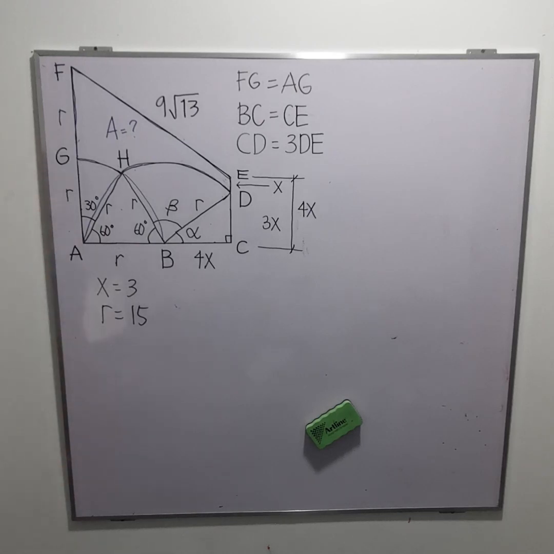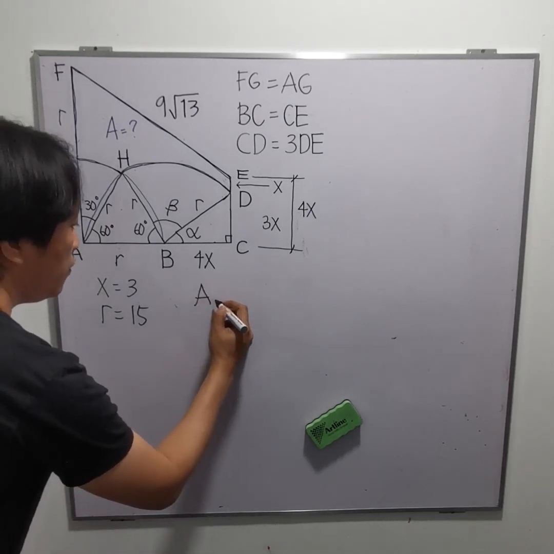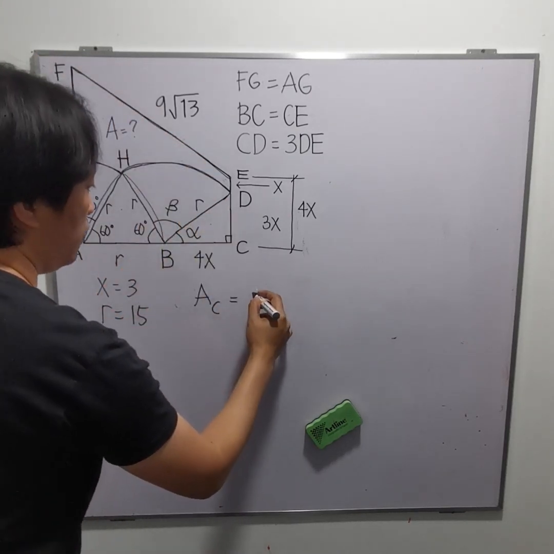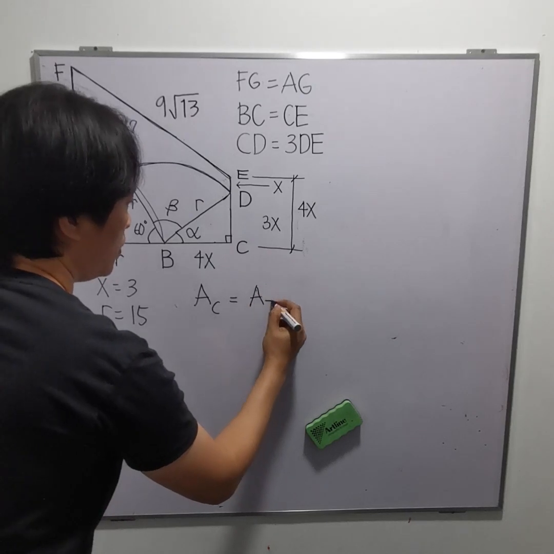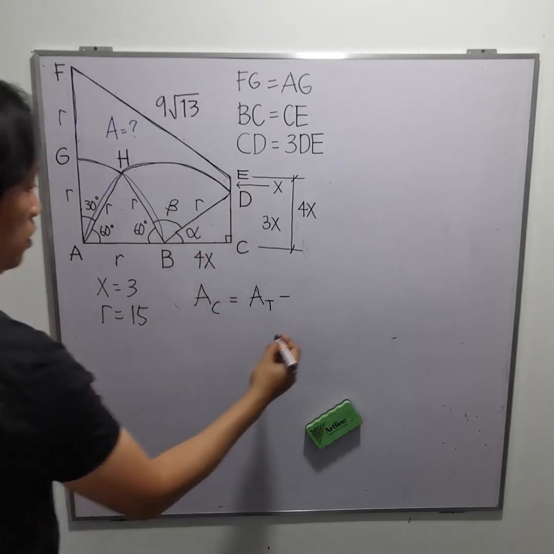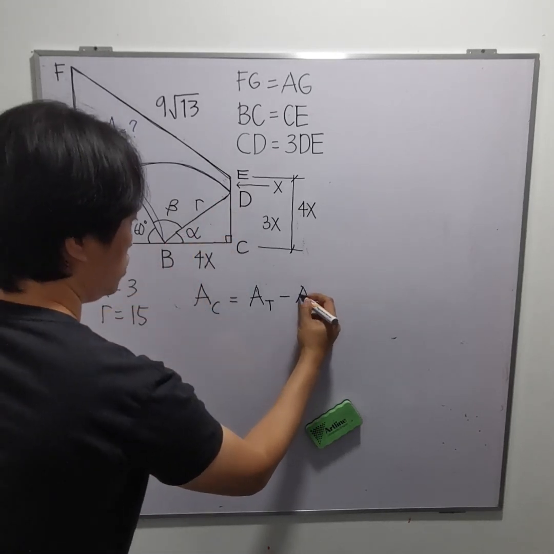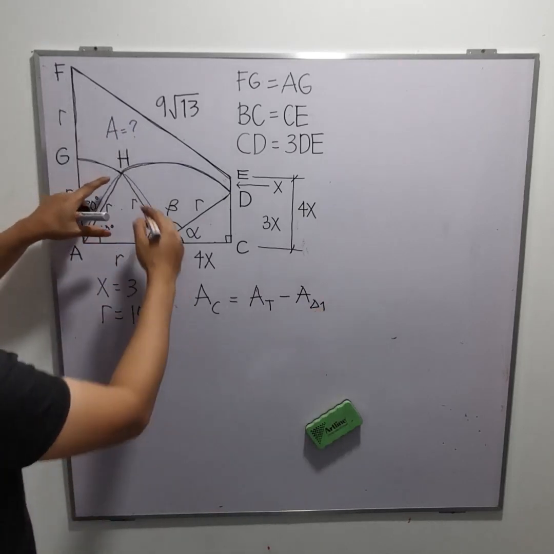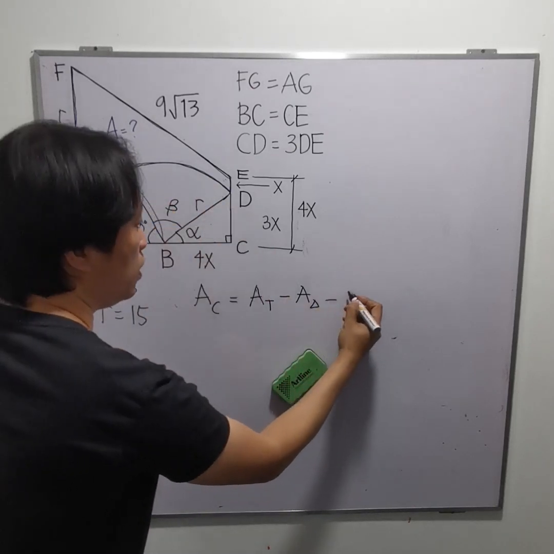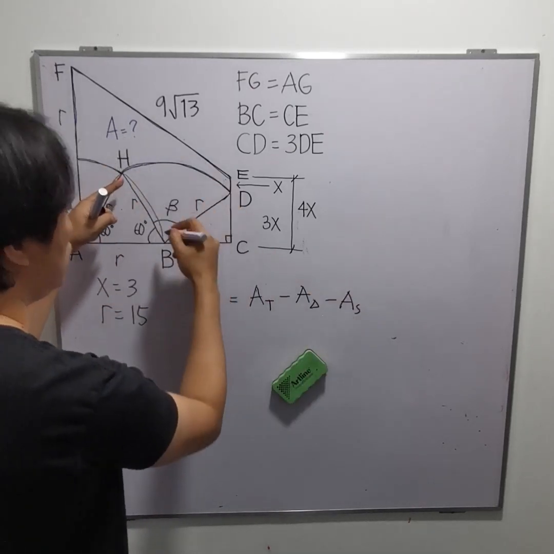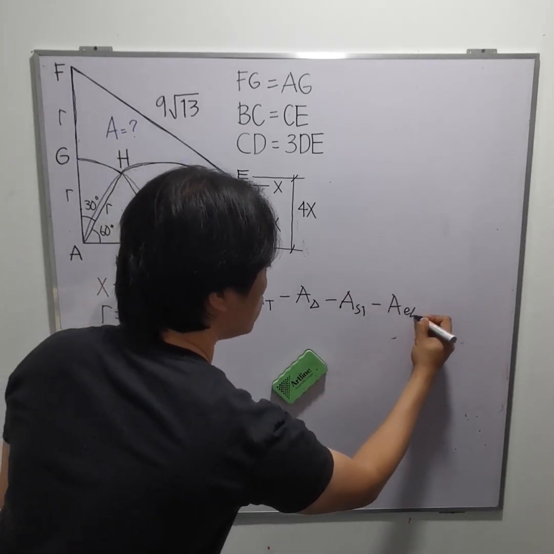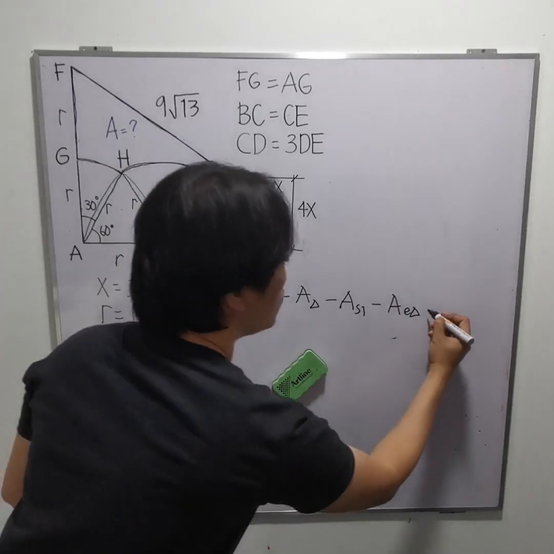To solve for the area of the children's pool, we have the area of the trapezoid minus the area of this triangle here, area of triangle 1, minus the area of sector 1, this sector here, minus the area of the equilateral triangle, then minus the area of sector 2.